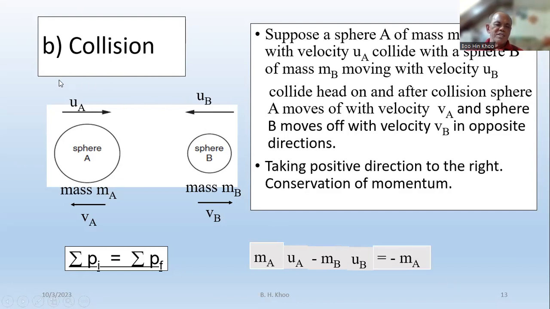So that is the initial momentum. Final momentum, you look at this part. MA, opposite direction, so you put a negative sign there, minus MA VA. And for this sphere, MB times VB. So you should be able to write that equation.